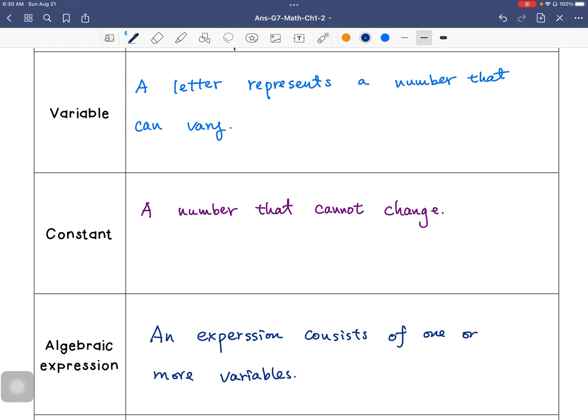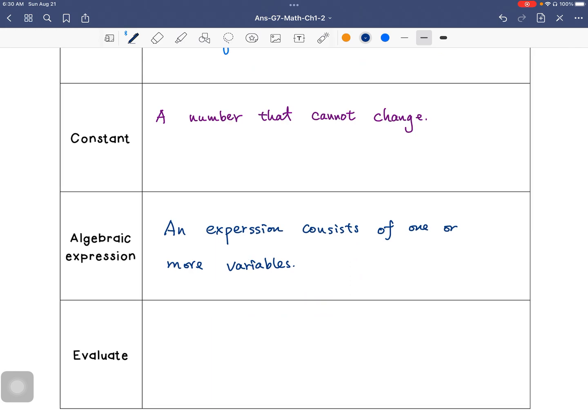So a variable is a letter that represents a number that can vary. A constant is a number that cannot change. And an algebraic expression consists of one or more variables.